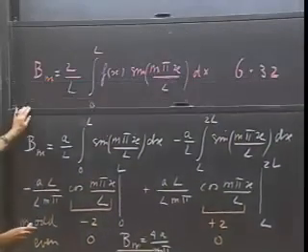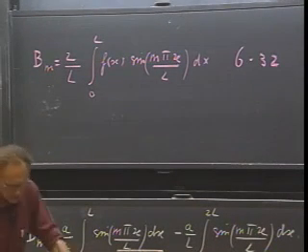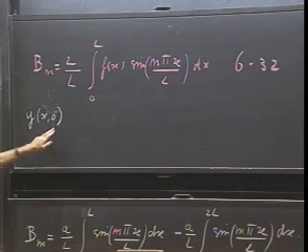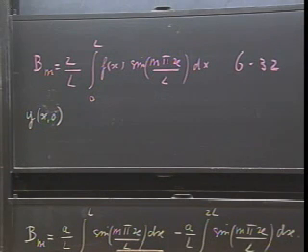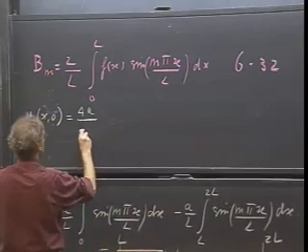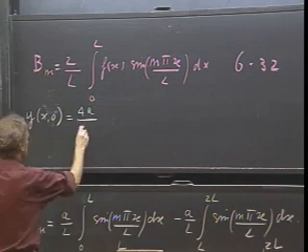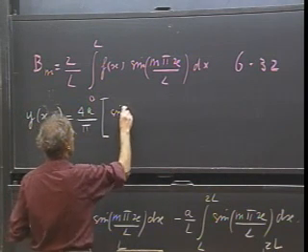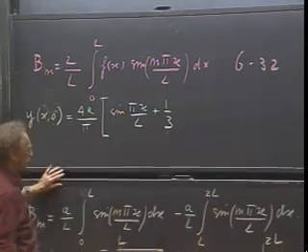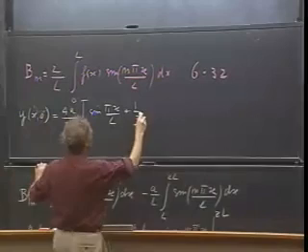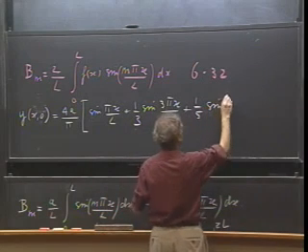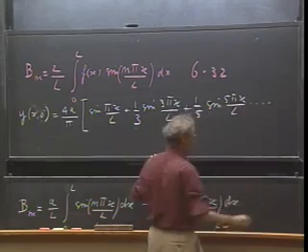And so with that in mind, I can write down now our function, which was one of our big steps, that y, I put here 0 because this is at time equals 0 when I have this string in this crazy shape, can now be written as 4a divided by pi, and then I get here the sine of pi x divided by L plus 1/3, that is m equals 3, which is 3 times lower because you have an m of 3 here, times the sine of 3 pi x divided by L plus 1/5, and then you get the sine of 5 pi x divided by L, and so on and so on.